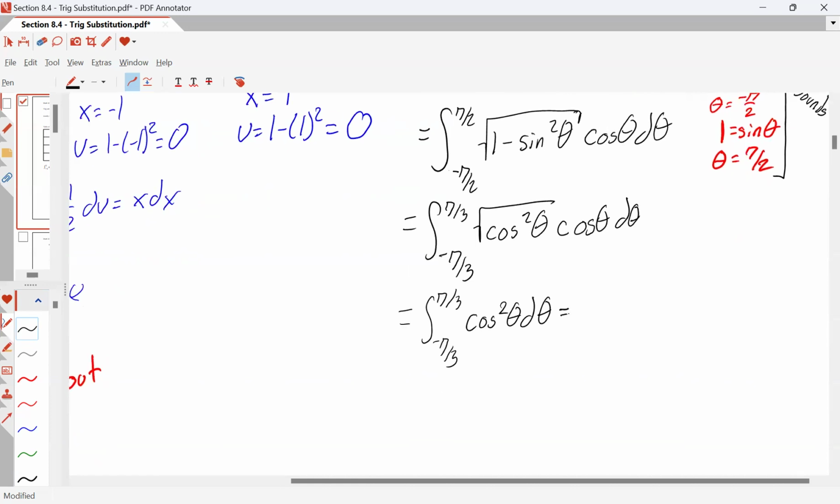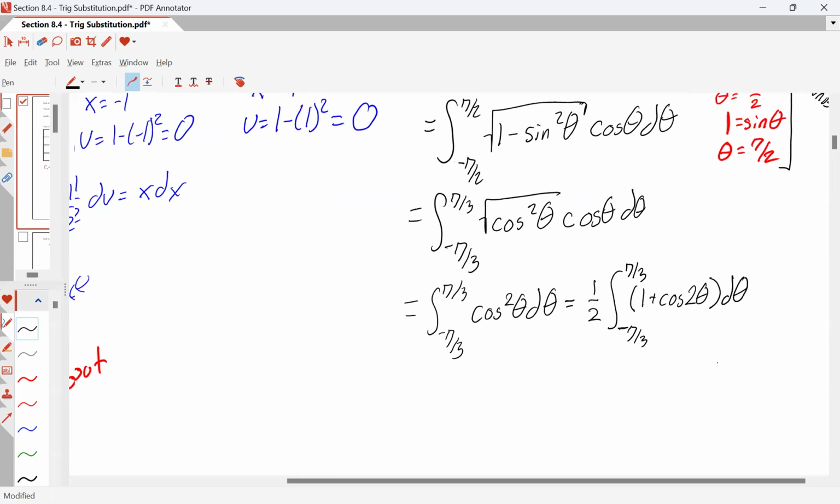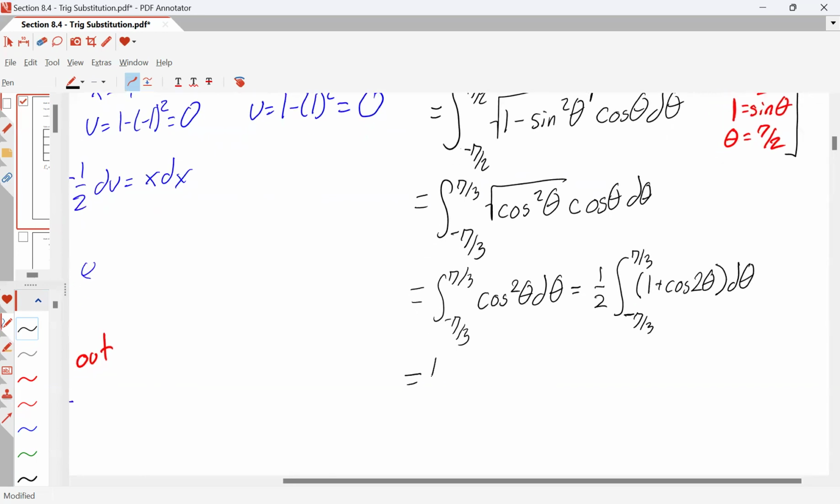This we saw a couple sections back that we want to solve with a power reducing formula, where the power reducing formula for cosine squared is 1/2 times 1 plus cosine 2 theta.